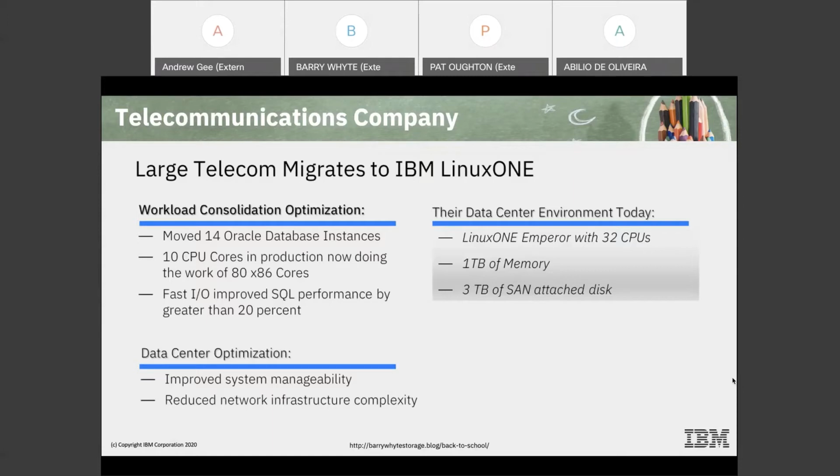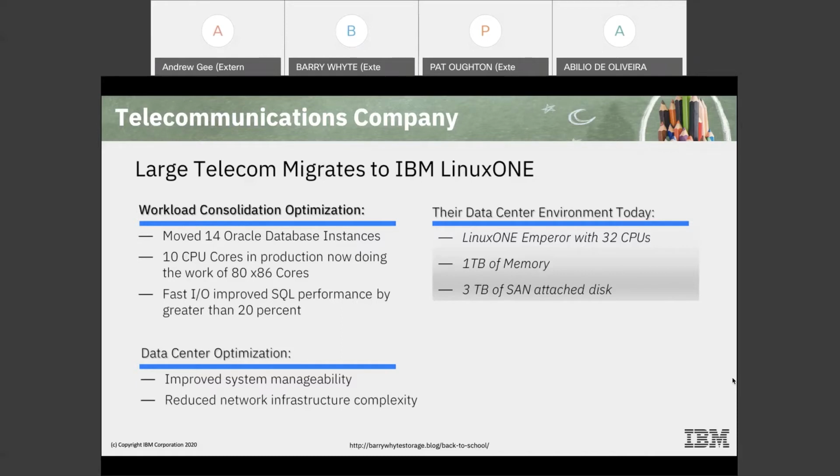So they had 80 x86 cores running Oracle, and they reduced that down to 10 in production by running it on a LinuxOne with a terabyte of memory, 3 terabytes of SAN attached disk. That's just the size of the databases. So at the time they had 10 production cores on the LinuxOne machine. They configured up to 32 because they knew this thing was going to grow.